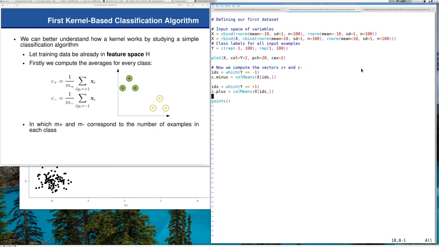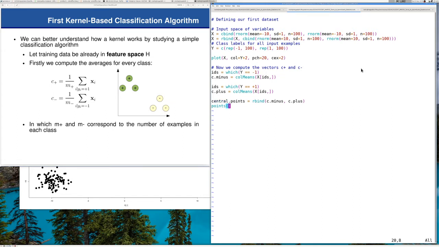In this case, I will plot for you something like this. Just concatenate along the rows C minus and C plus, both vectors. Those are the central points.